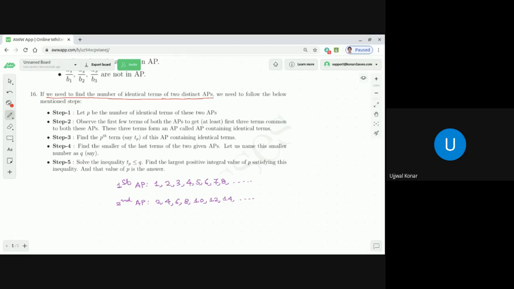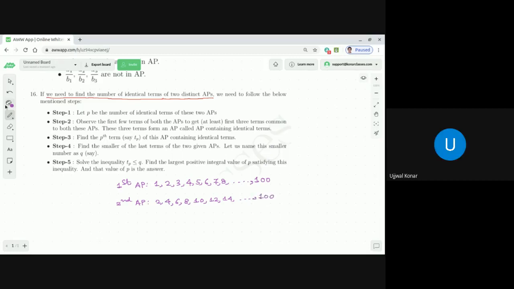But you need to find how many such terms are there in these APs which are identical. And for the sake of completeness, let's say the first AP ends with 100, and here it ends with 100 as well, for example.